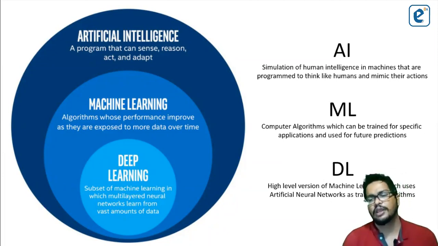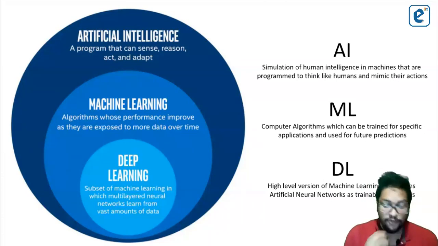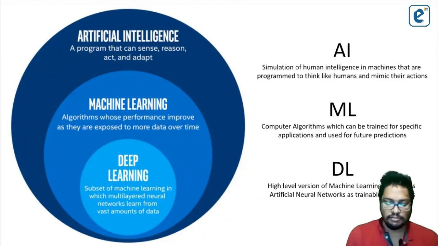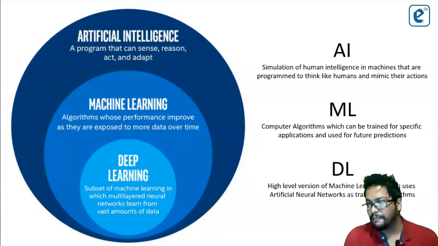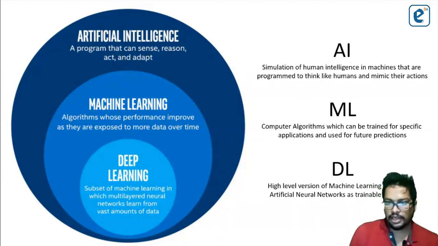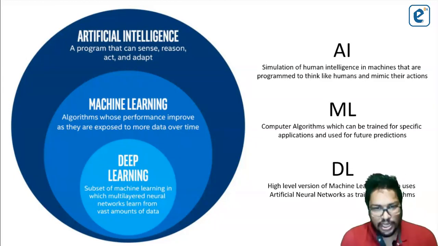Like what? We can train a computer algorithm to perform self-driving, right? Or we can train a computer algorithm to predict stock market values. We can train a computer algorithm to translate from one language to another language. That's called machine translation.